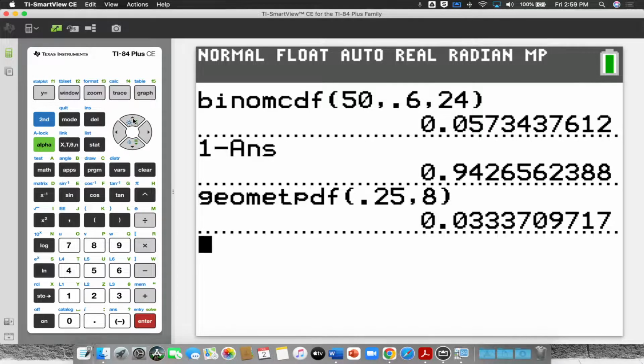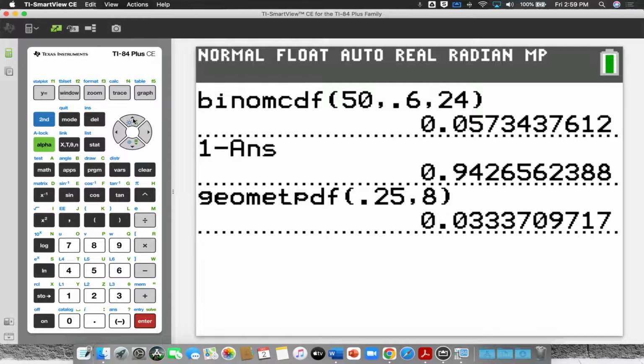Here's my question. Let's see if they ask you next. No, they don't. Let me ask you next. How many would he expect to have to play before he gets a winner? 4. It's actually 4. How do you get 4? The probability was 1 in 4.